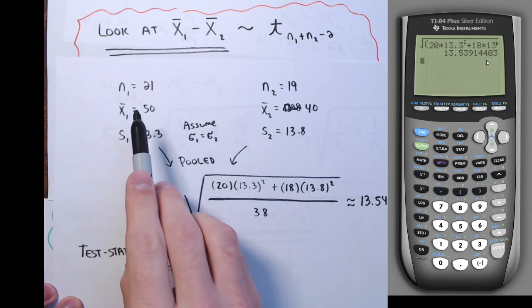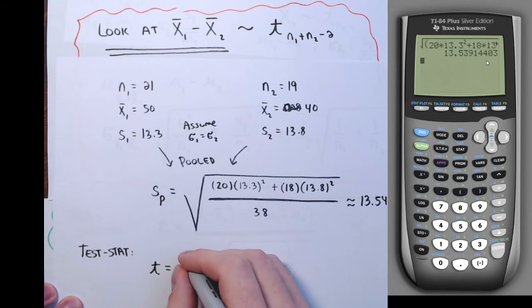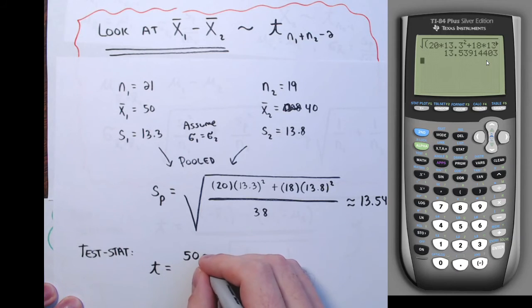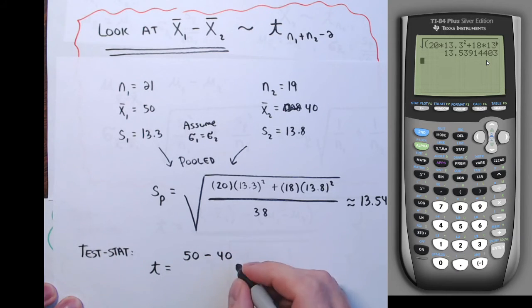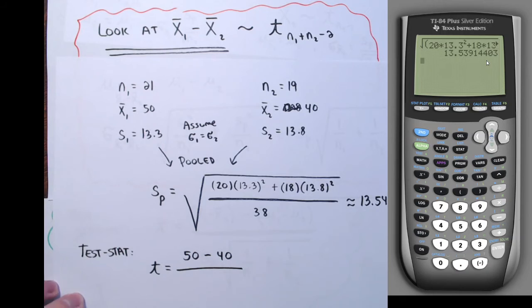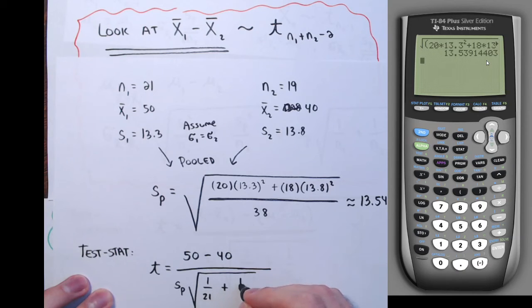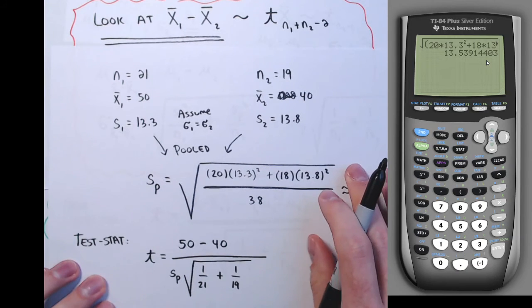It's going to be the difference in the sample means, x1 bar, 50, minus x2 bar, 40, so just 10 in the numerator, divided by Sp, this 13.54 number, times the square root of 1 over n1, so 1 over 21, plus 1 over n2, 1 over 19. Again, that's all in the square root.